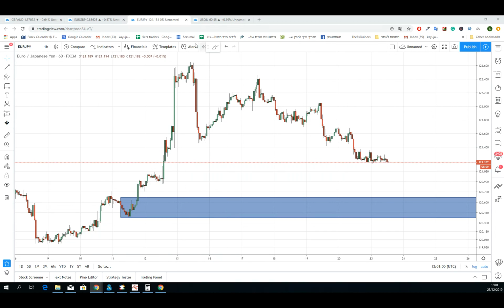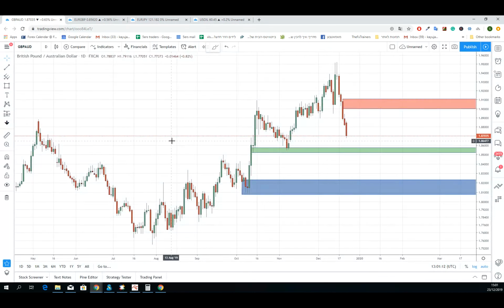Okay, let's start. I'll start with the GBP AUD, pound and the Aussie. As you can see, I choose the daily chart because there is a very nice and clear picture here, at least for me, and I'll try to explain exactly what I mean.